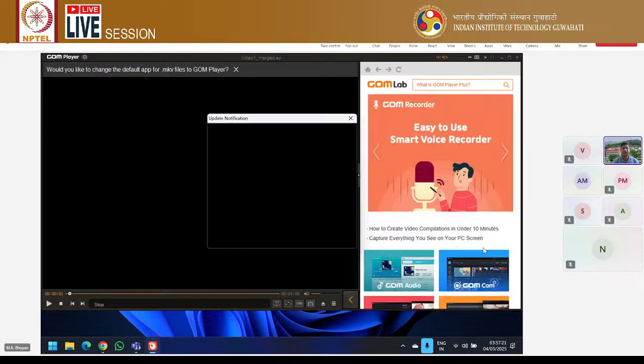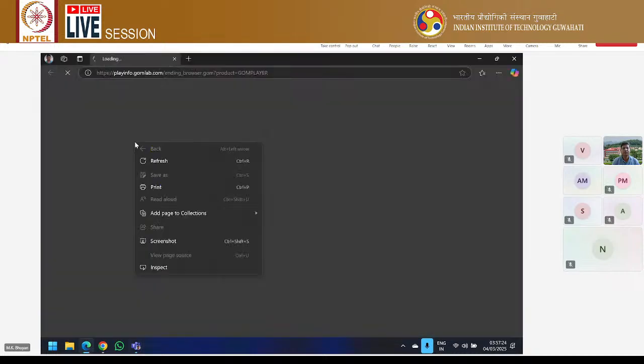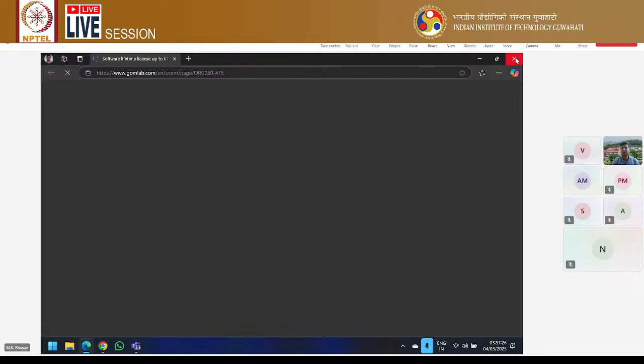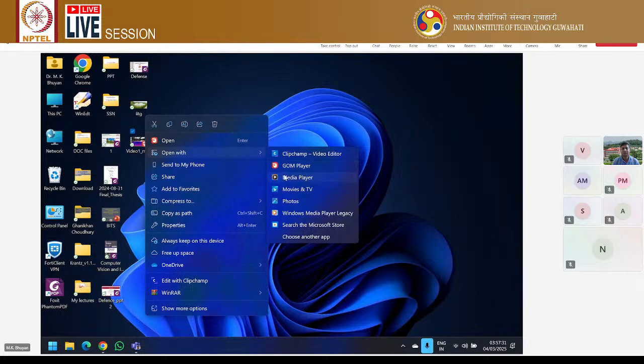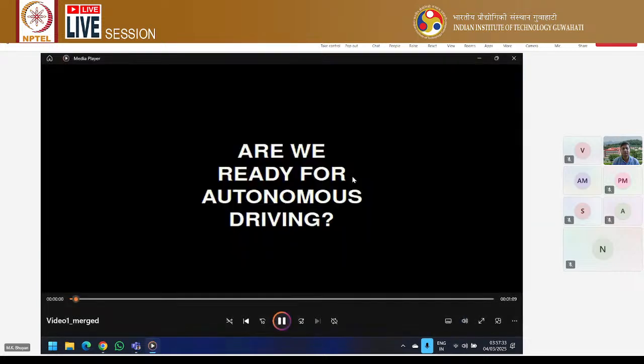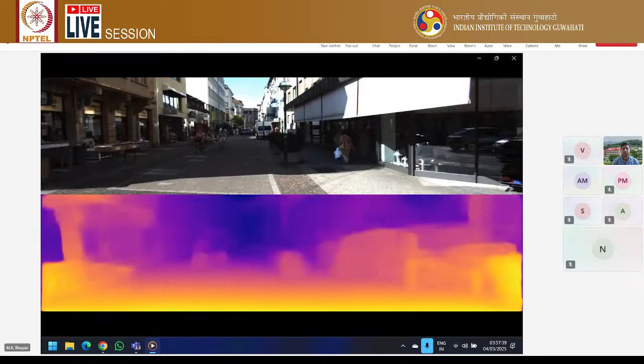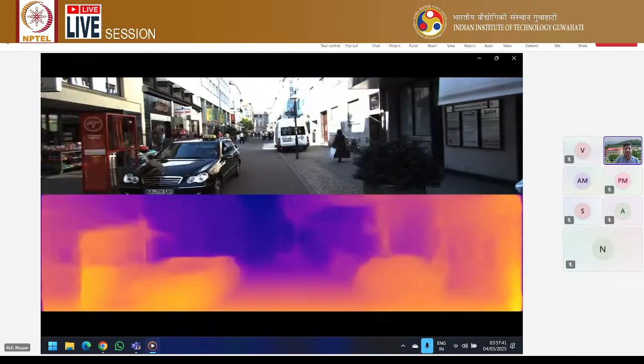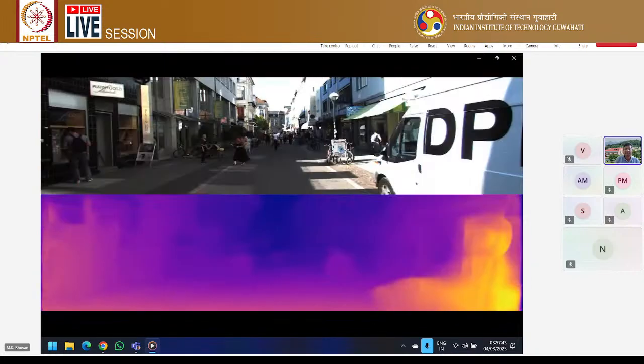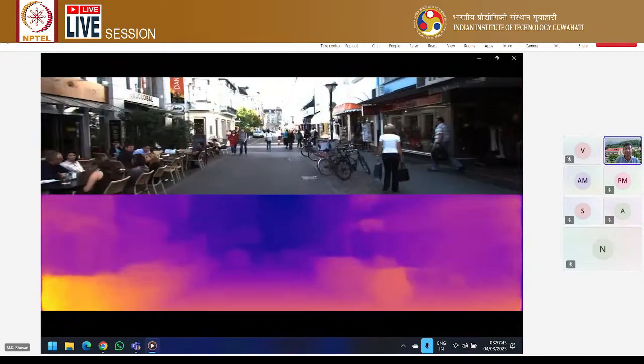You can see that we are determining the depth and the disparity. The car is moving.